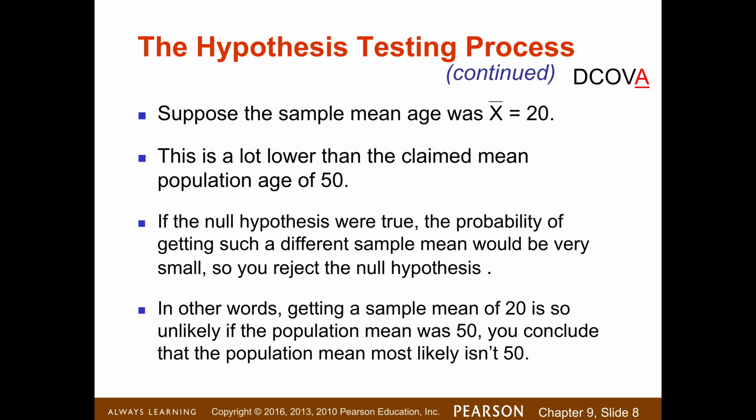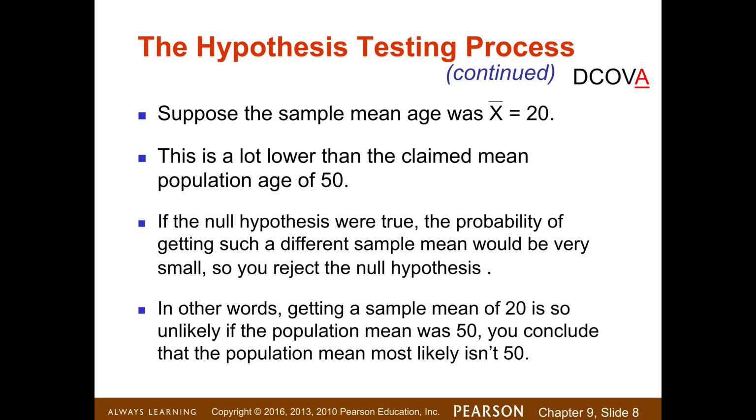So, third bullet: if the null hypothesis is true, the probability of getting such a different sample mean, focusing on the x bar equal to 20, would be very small, so you would reject the null. And repeating that third bullet, if the null hypothesis were true and our x bar was 49, then the probability of getting that sample mean would be very large, so we would fail to reject the null.